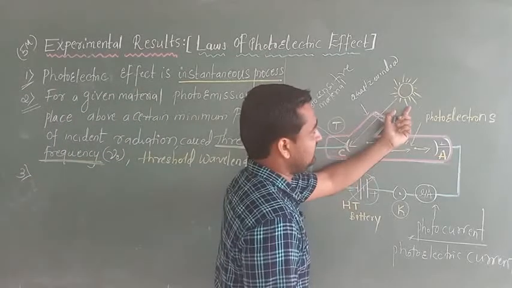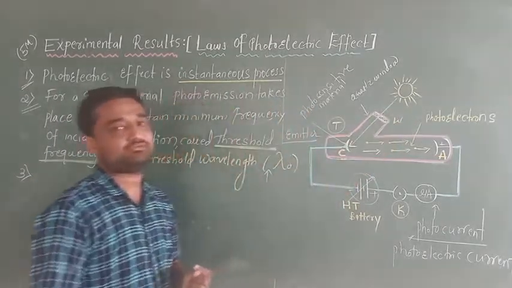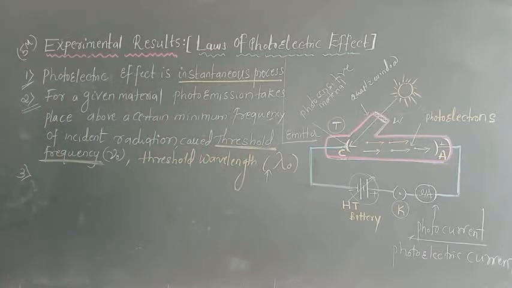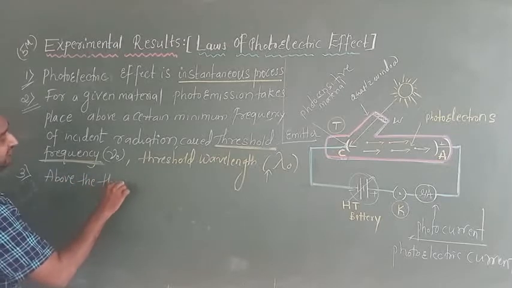Now the third one, the intensity. How does the intensity of radiation affect the photoelectric current? The photoelectric current is directly proportional to the intensity of incident radiation, and that is also possible above the threshold frequency.